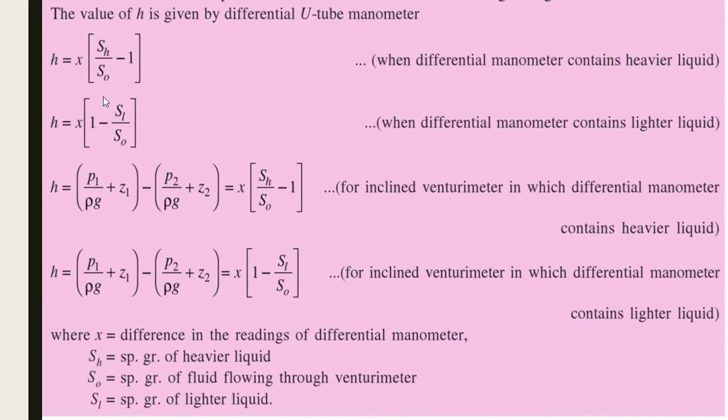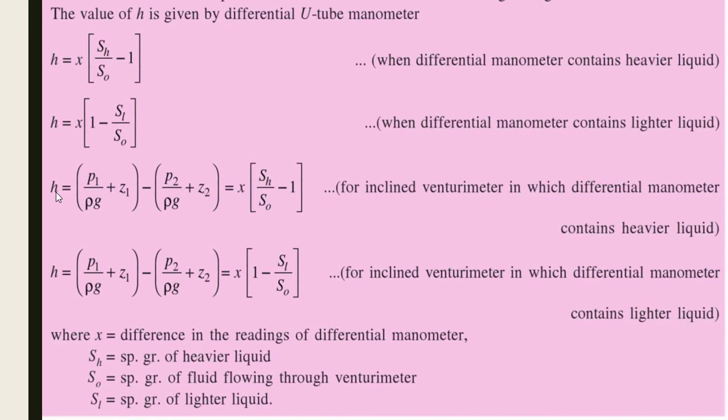In that case, water is of higher specific gravity and oil is of lower specific gravity, so you have to make use of this formula. We have made use of this formula as well, right?